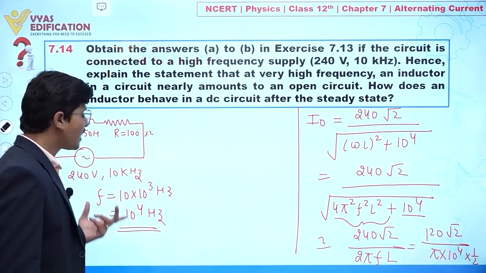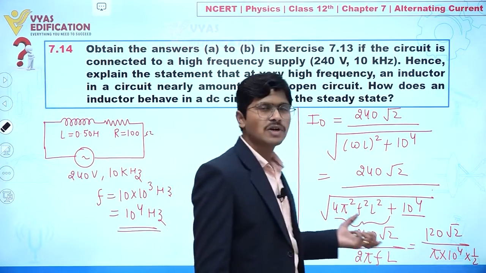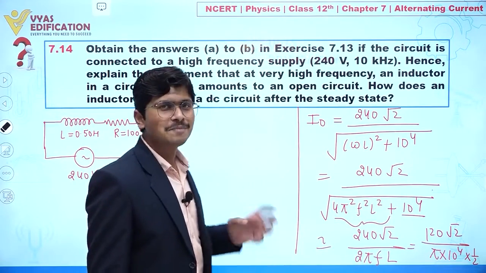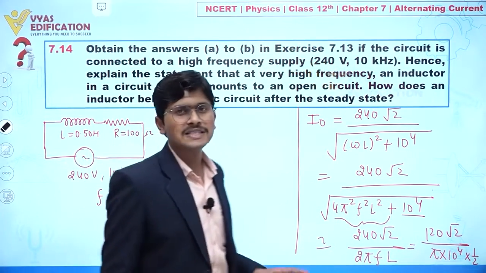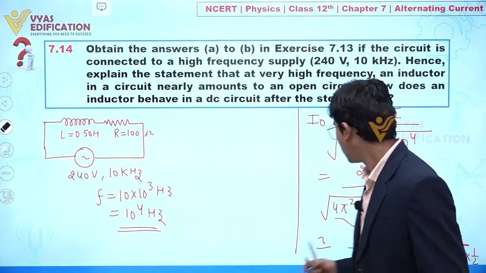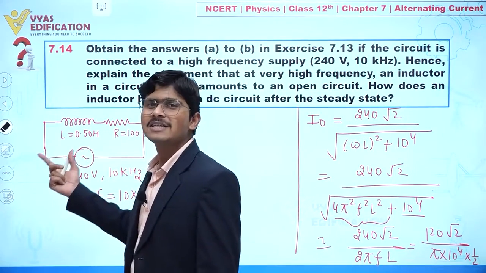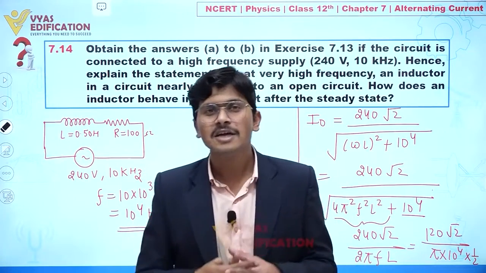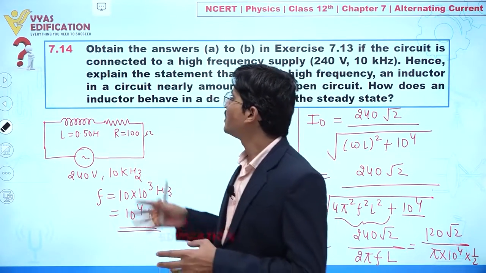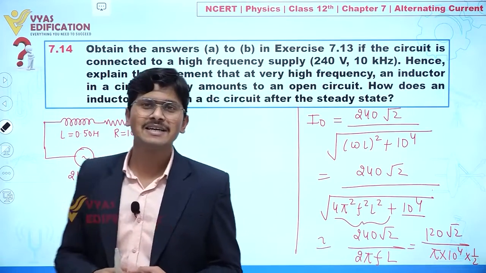Due to this high frequency current we are getting a very small value of I. It means at high frequency this is happening due to the inductor. At high frequency the inductor is blocking all the current, so it behaves just like an open circuit.